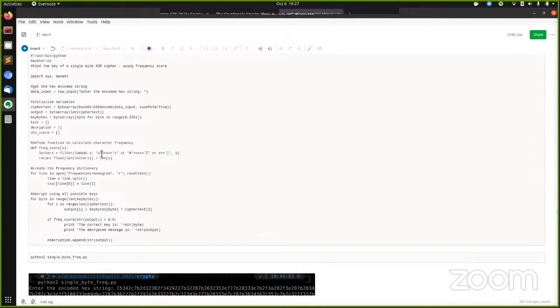These are the most common things you'd find in the English language: all the letters, both lowercase and uppercase, and spaces, because English uses spaces. Then we calculate how many of these characters we can find in all the possible decryptions.